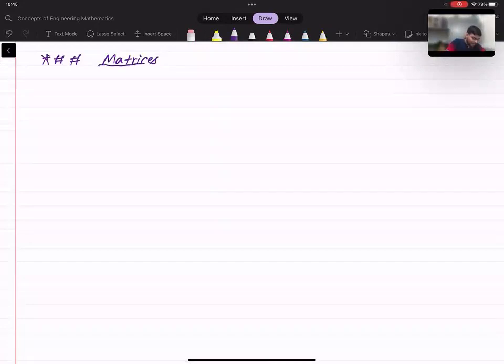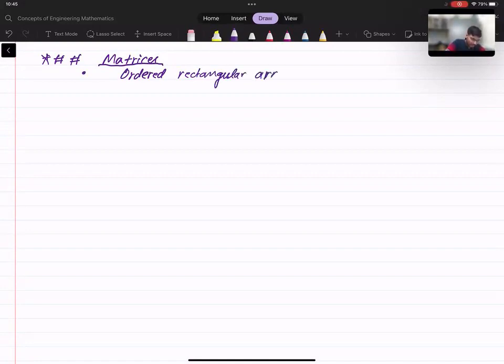So matrices are also arrays, and these are rectangular arrays which are ordered type. These are ordered rectangular arrays of rows and columns.